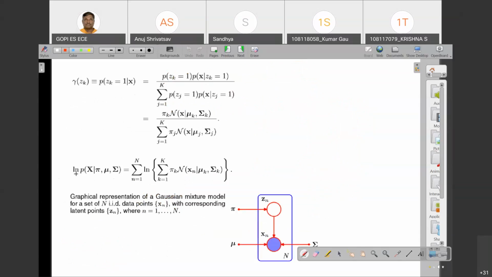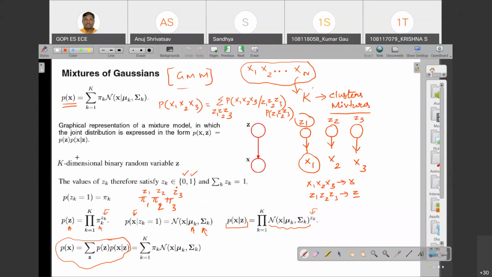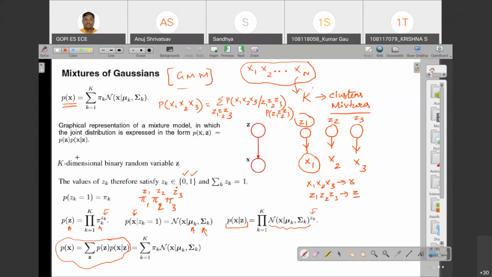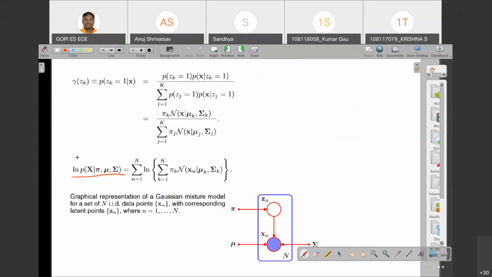You see that we are going to maximize this, just like what we did in the HMM. Here we are going to maximize this generating probability, but we are going to take the logarithm of the generating probability.